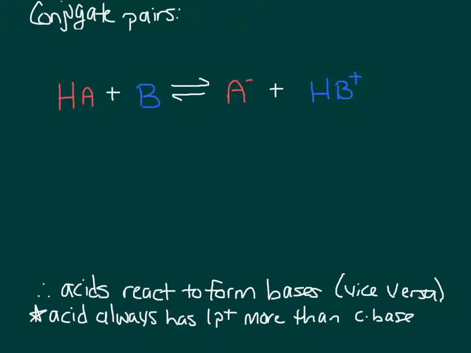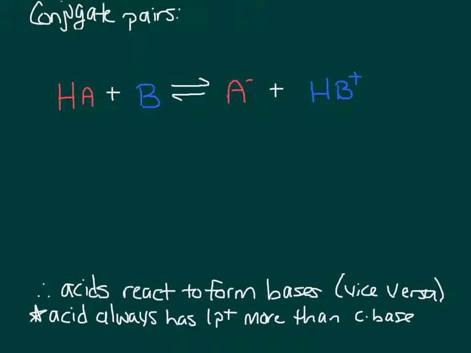What is unique about Bronsted-Lowry acids and bases is what's called conjugate pairs, or conjugate acid-base pairs. So here we have a generic reaction. We have HA, which is our acid, and we have plus B, which is our base. HA loses its proton H and dissociates into an A-. B, the base, accepts that H to become HB+.